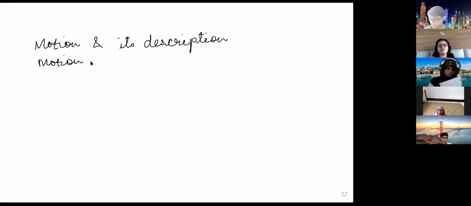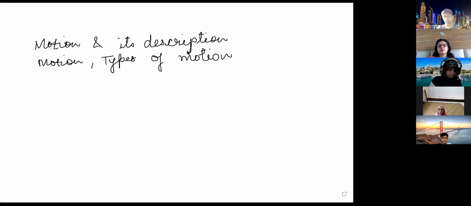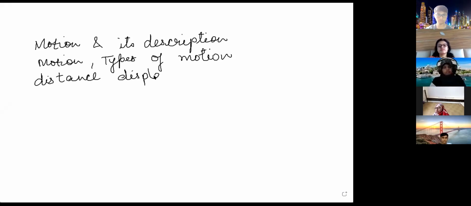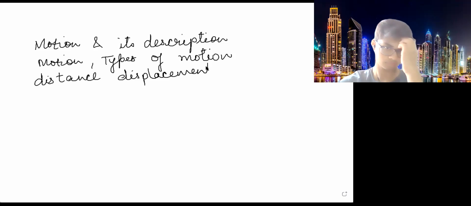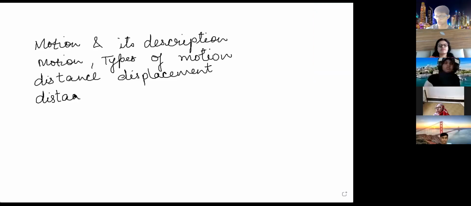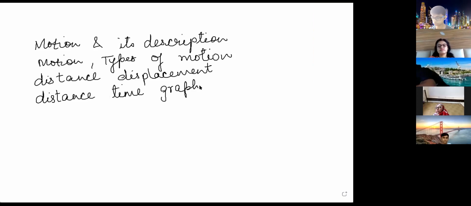Motion, types of motion, distance, displacement, then distance time graph, how to find speed from distance time graph.